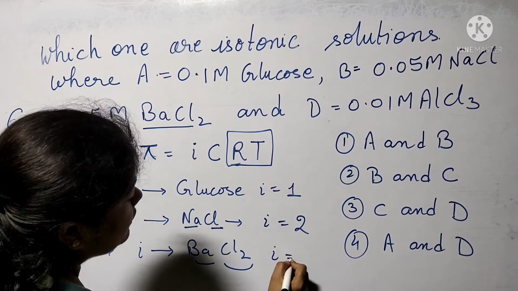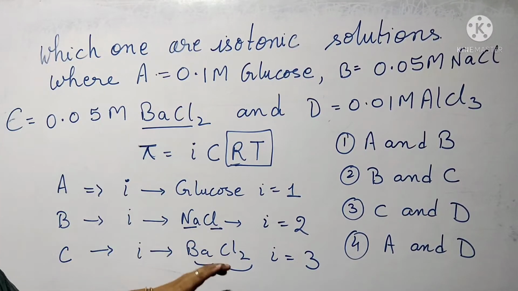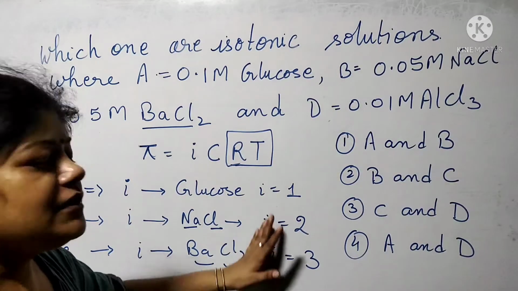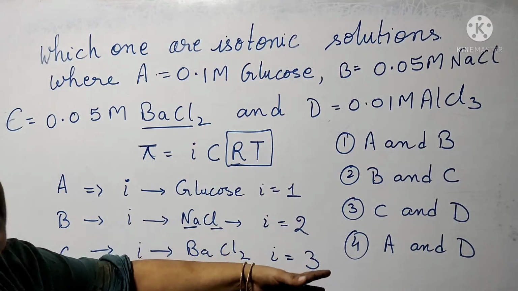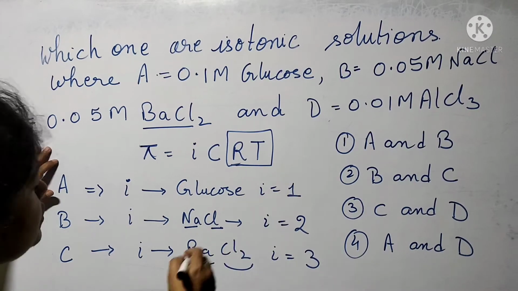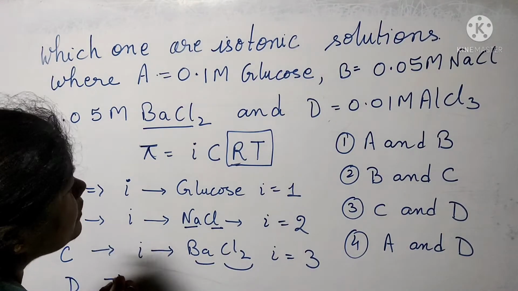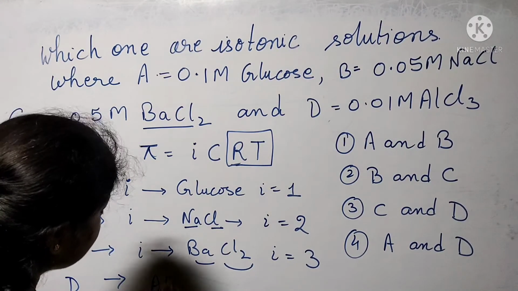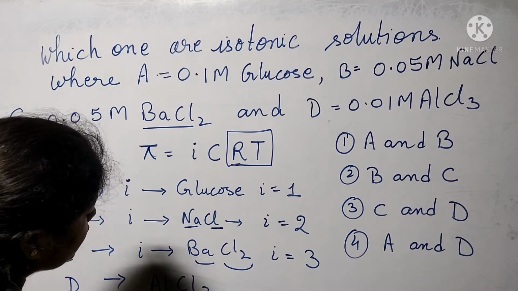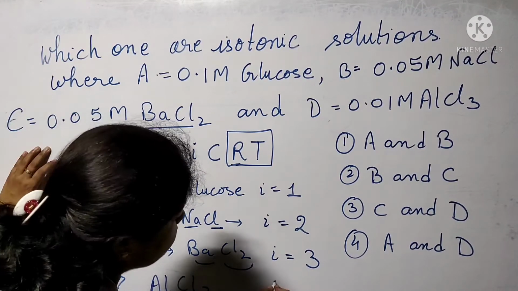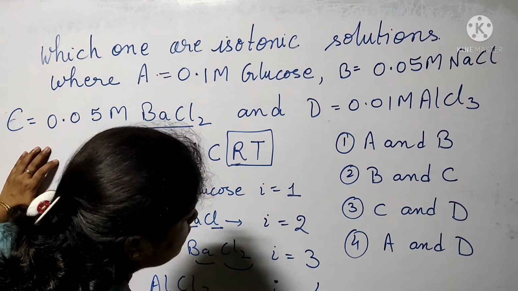That means the value of i is equal to 3. That means the number of particles can be considered with the help of the Van't Hoff factor in these types of competitive exam based questions. Now D, ammonium trichloride: here 3 chlorides, here 1 ammonium, that means the Van't Hoff factor here is 4.